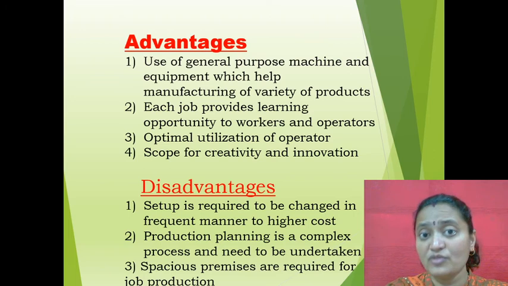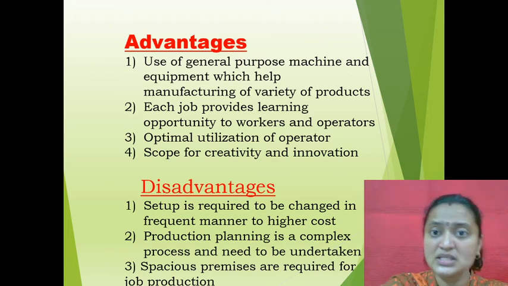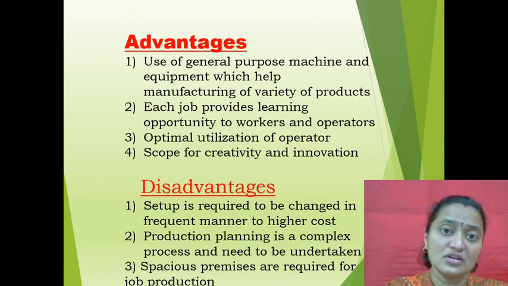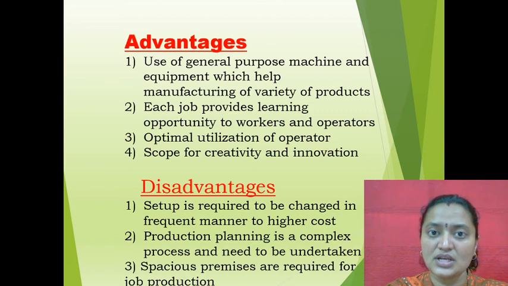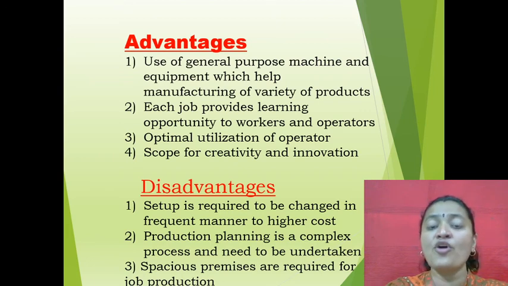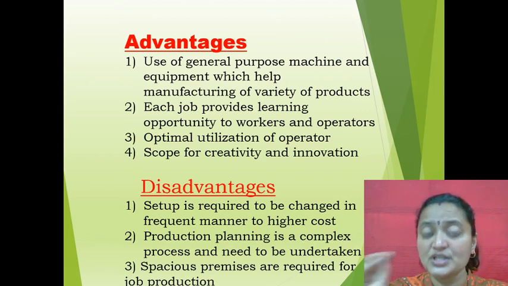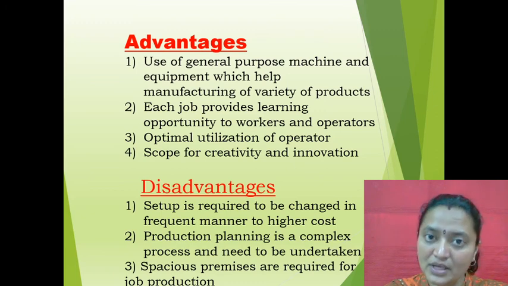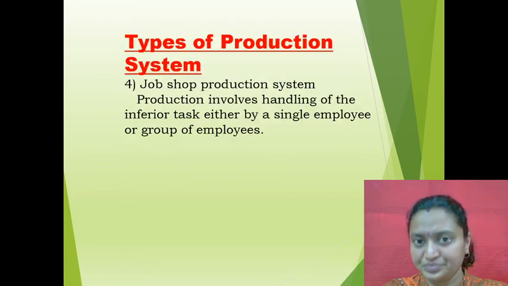If more workers are there and the space given is not sufficient for the workers to handle the machines, they feel congested. So they should take proper care to provide spacious premises for job production. That becomes one disadvantage.